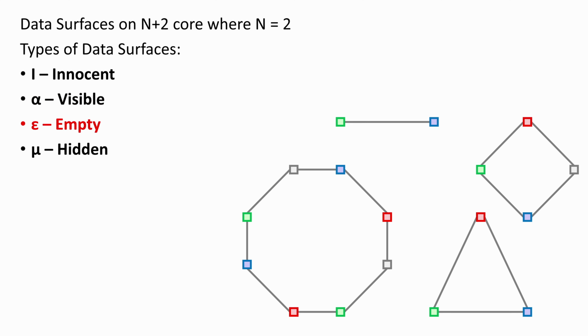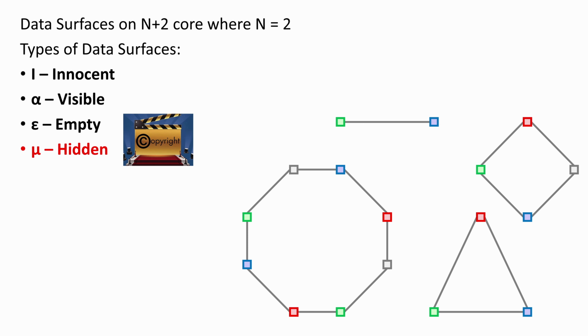Then we have an empty data surface, which is a file that does not contain any tags at the beginning and at the end. The content of such a file is a mishmash of random ones and zeros that is meaningless. And finally, a hidden data surface. This surface is very similar to an empty data surface. There are no tags at the beginning and at the end of the payload, but unfortunately, the payload is a meaningful file.